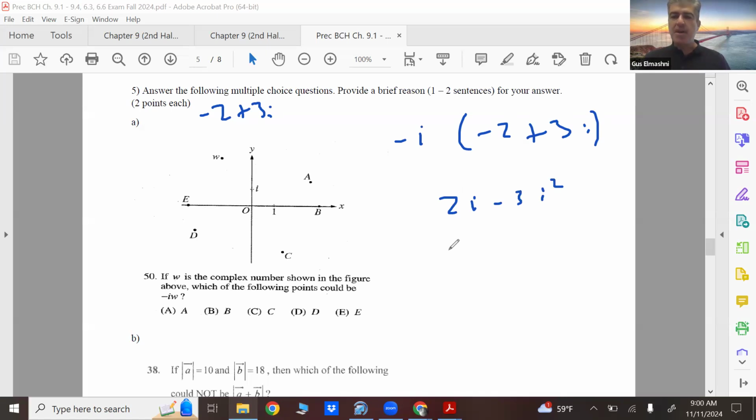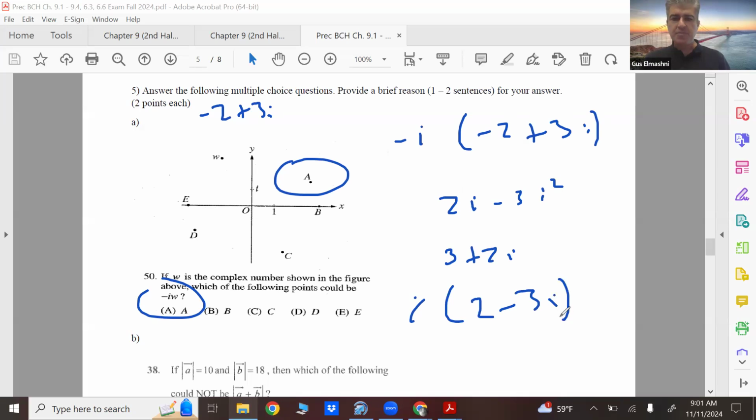Yeah, so it becomes 3. No, it's A. It's A. You pull out i. No, it's 3 plus 2i. No, the answer is A. Yeah, you just do it without A plus Bi.